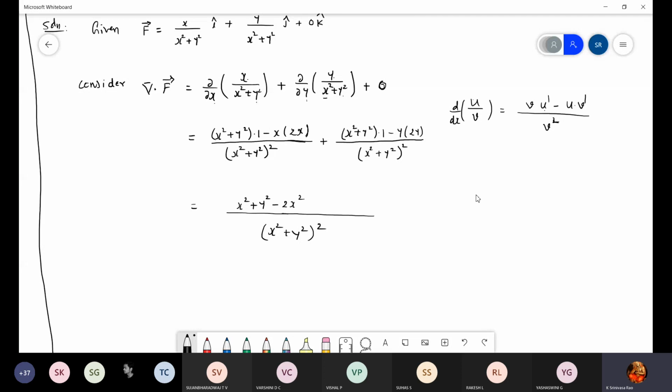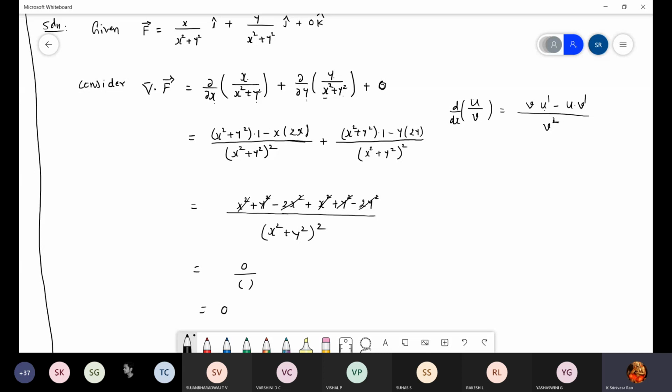This is in the first term, plus x square plus y square minus 2y square. This is in the second term. Is it right? Now finally, x square plus x square is 2x square, which cancels with minus 2x square. Y square cancels with minus 2y square. Since the numerator is 0, 0 divided by anything, the answer is 0.